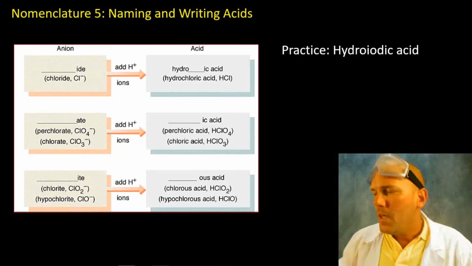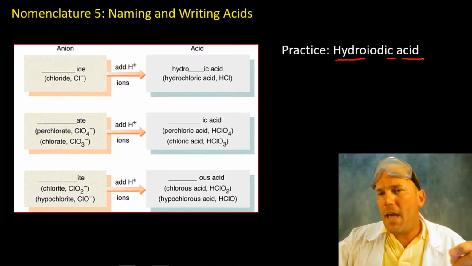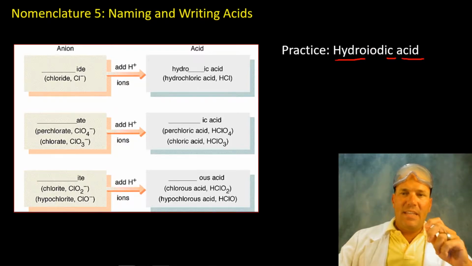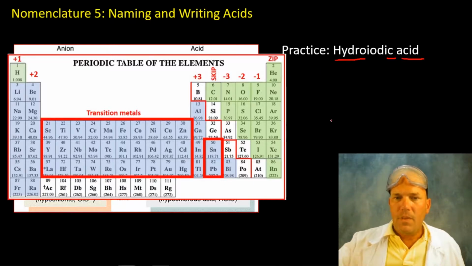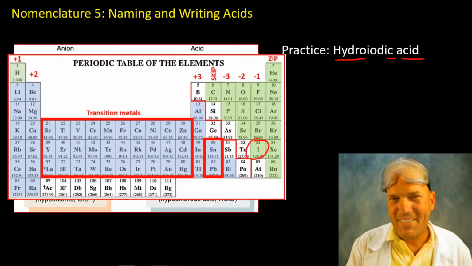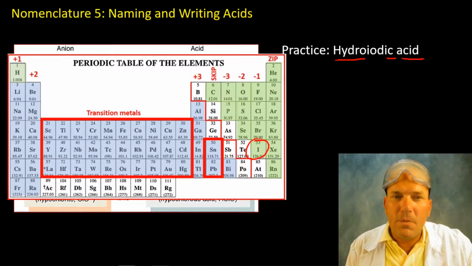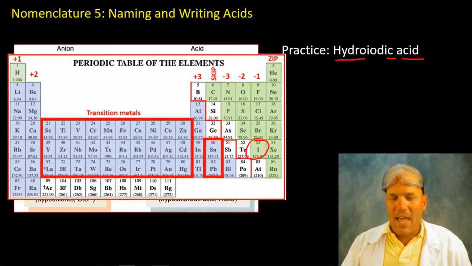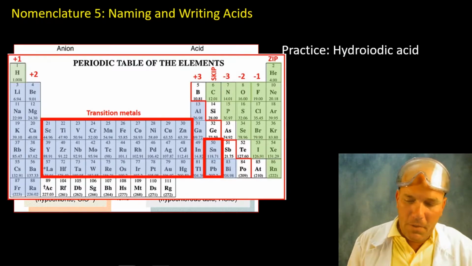So here we have the name, and I'm going to underline. We have hydro-ic acid. That means whatever this is, it ends in ide, and it's iodine, well, look at the periodic table. This is iodide. Iodide has a -1 charge, +1, +2, +3, skip, -3, -2, -1, zip. And the halogens have a -1 charge because they've gained 1 electron.